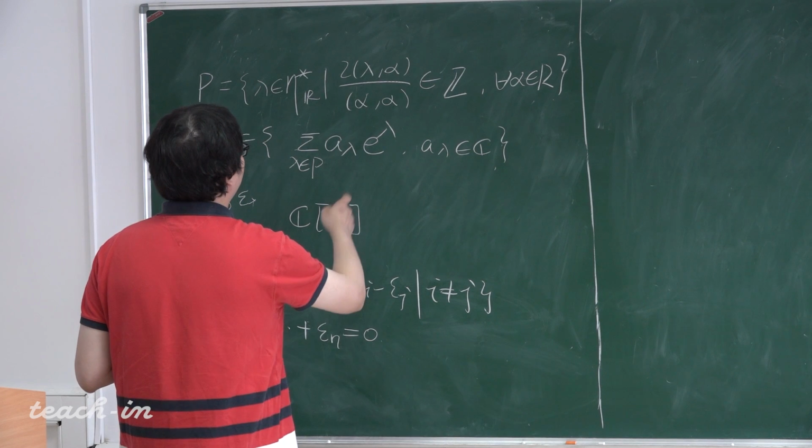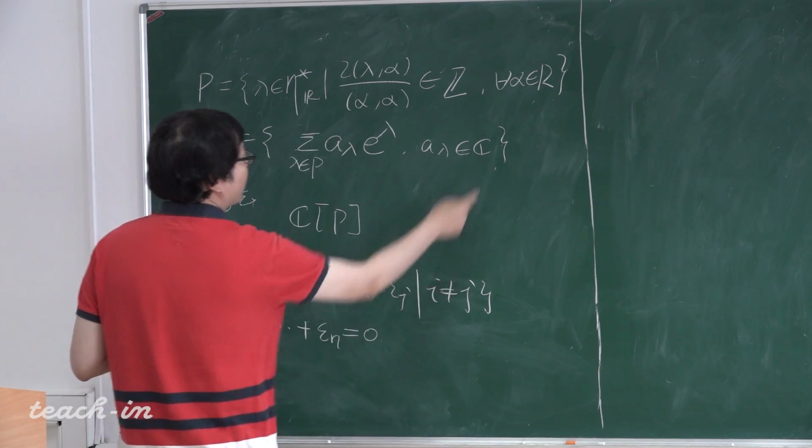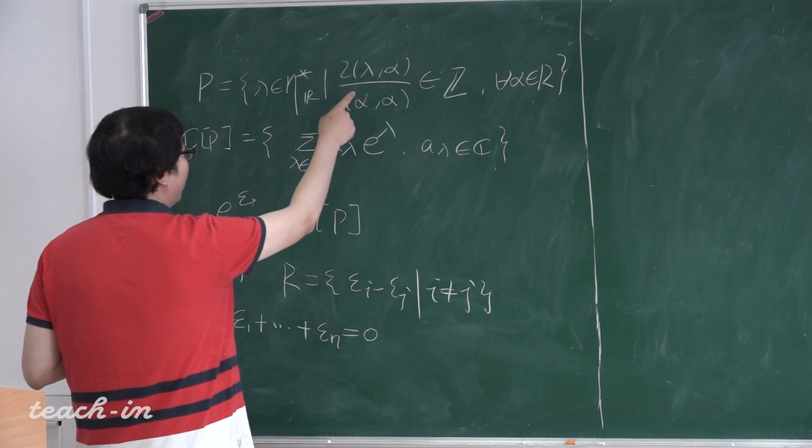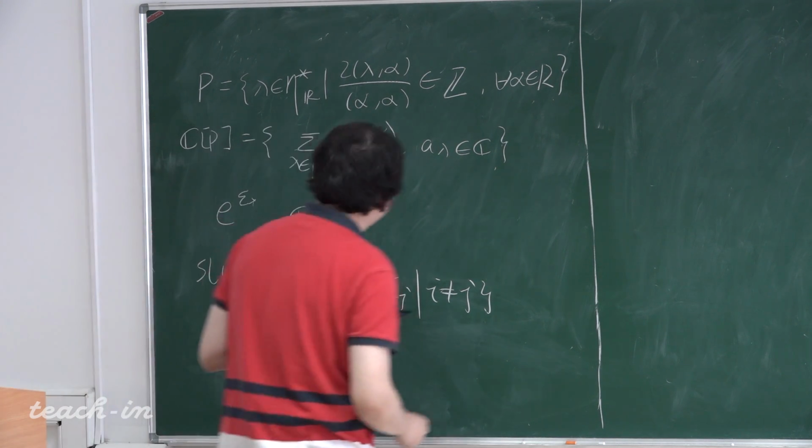Since this is the root, this is our R. So we try to see what happens here with this restriction.